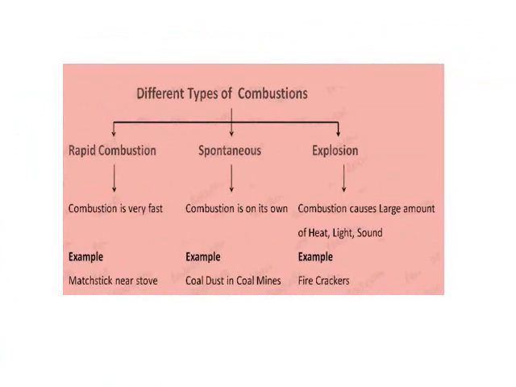Children, we will see about the different types of combustion in this slide. Combustion can be broadly classified into three types: rapid combustion, spontaneous combustion, and explosion. A rapid combustion is very fast. When combustion is on its own, we refer to it as spontaneous combustion.